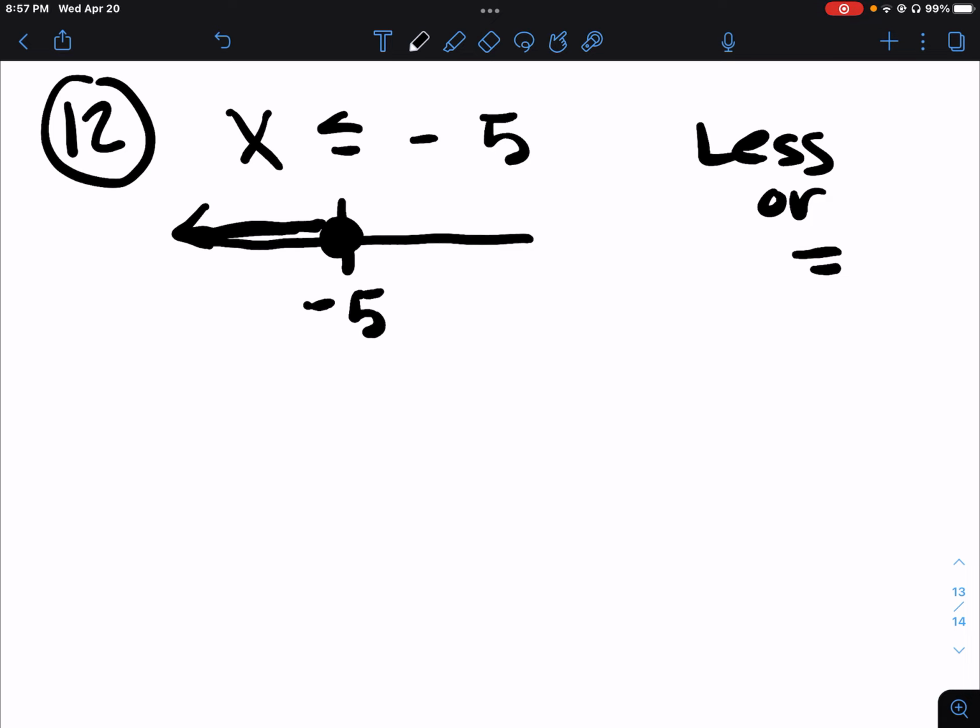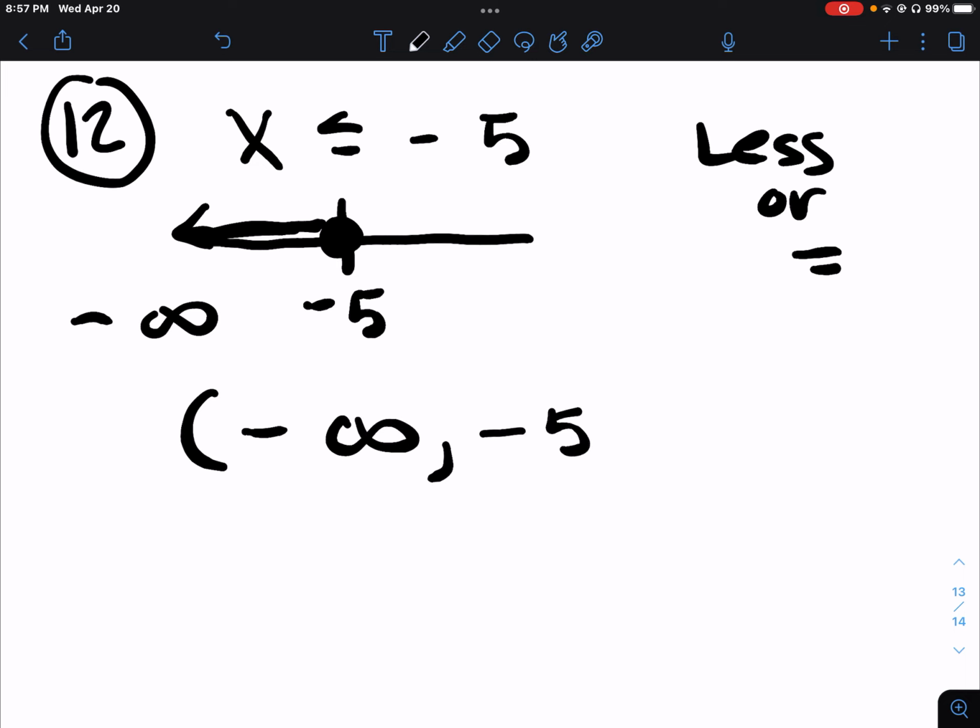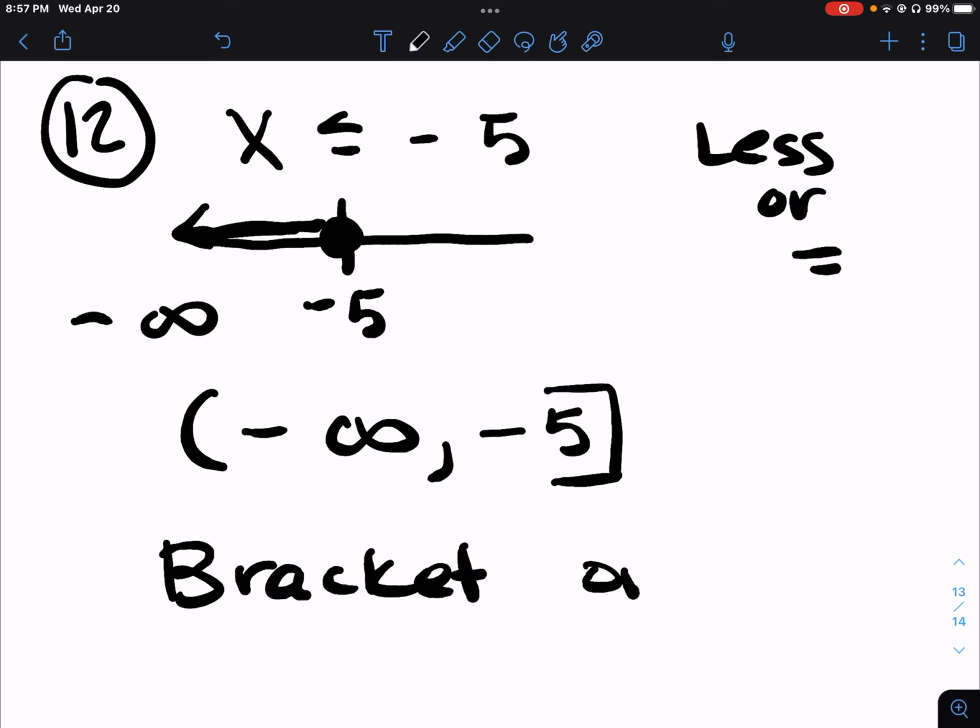Remember, when you keep going left, that's negative infinity. So this is from negative infinity to negative 5. The bracket is because of the or equal to. That means include.